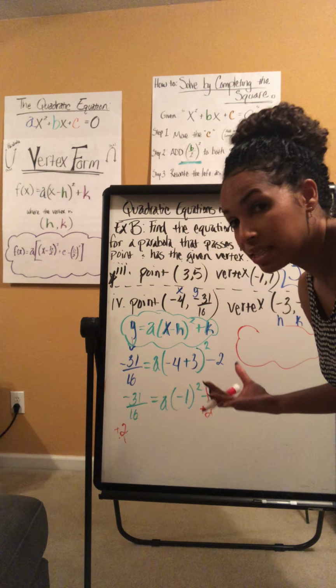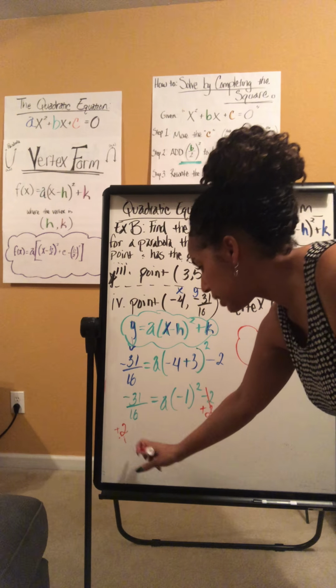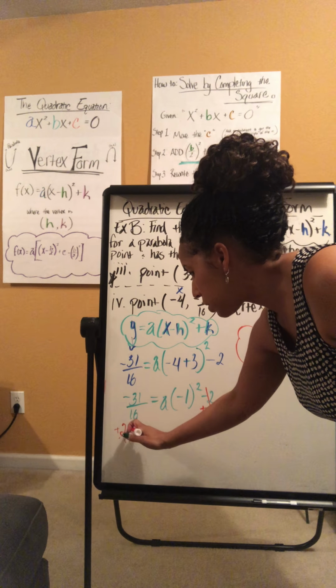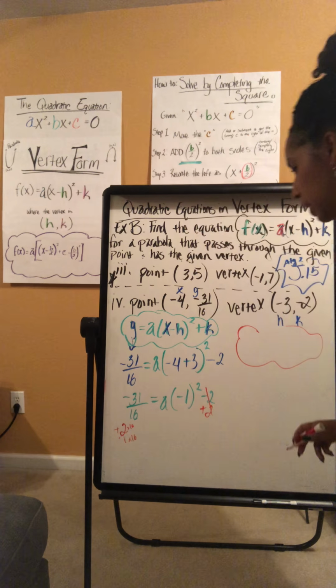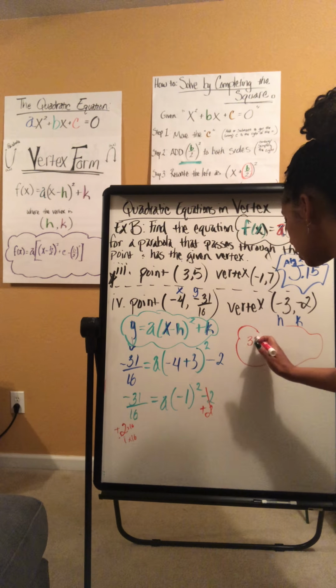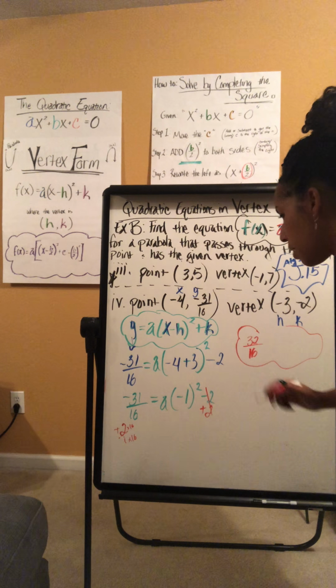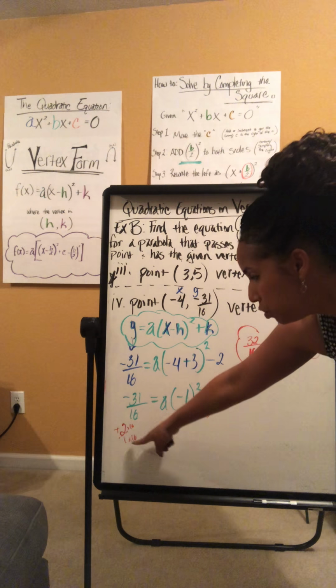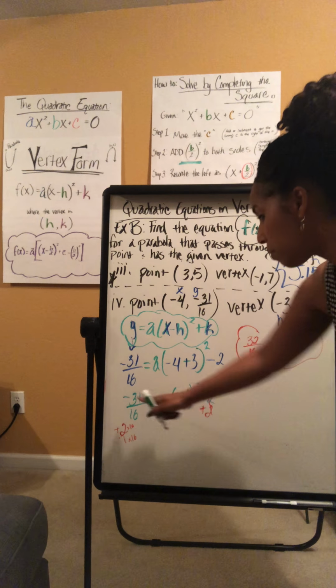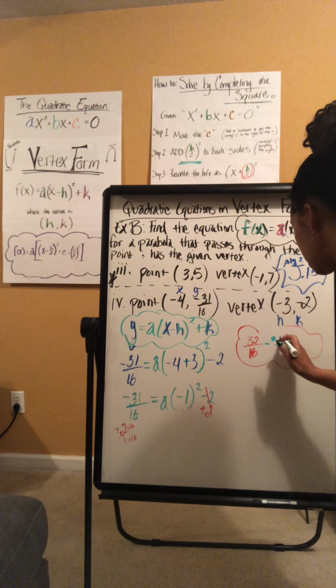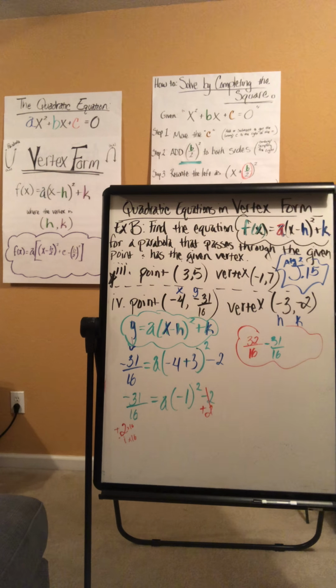And I want it to have the same denominator as the 16, so I would multiply the top and the bottom by 16. 2 times 16 is 32. So it would be a positive 32 over 16 and then minus the 31 over 16, which would give me 32 minus 31, which is just 1 over 16, right?